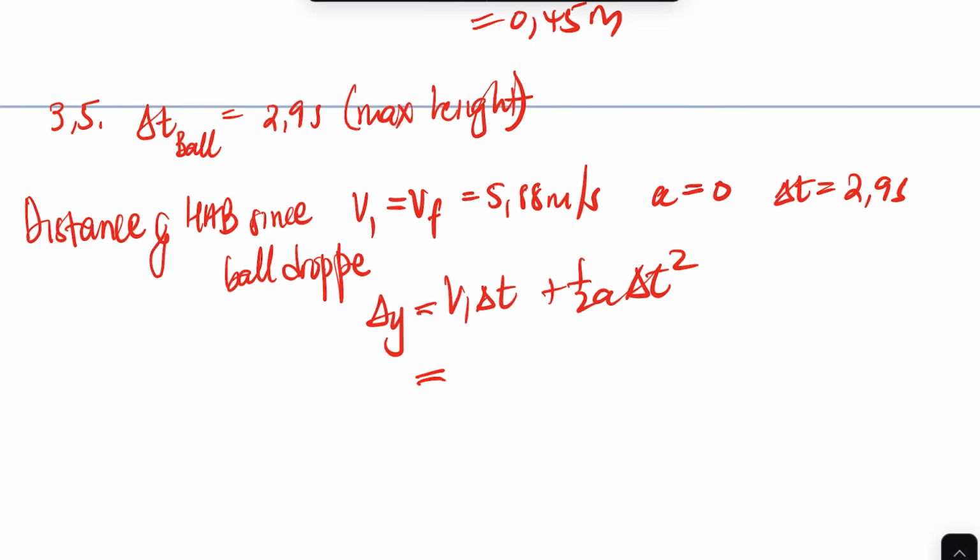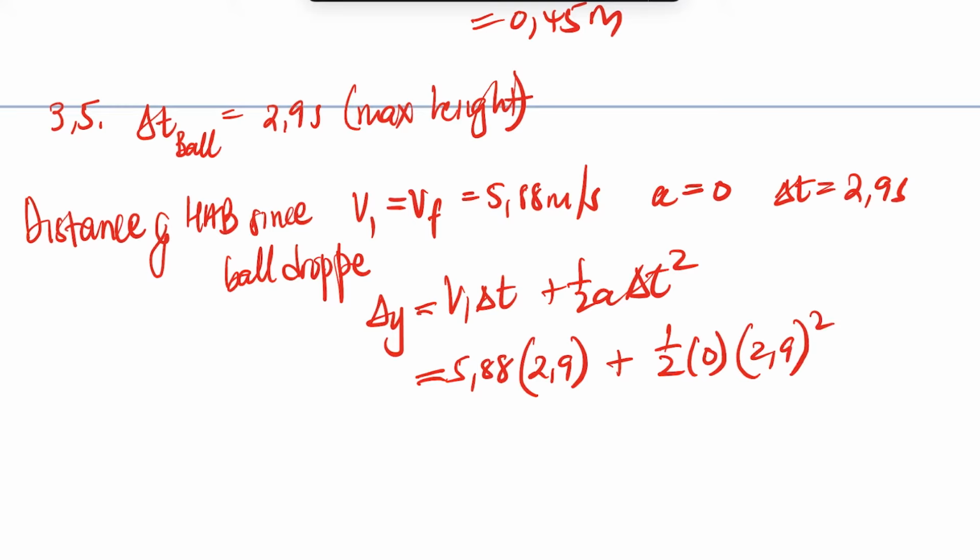It's the time. So the initial velocity of the hot air balloon is 5.88, and the time it took is 2.9, and then half the acceleration is 0, and the time is 2.9. You can just say that side is 0.